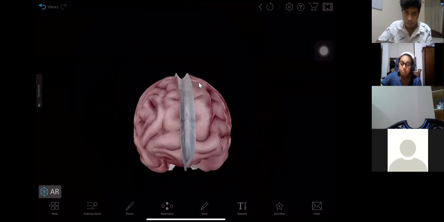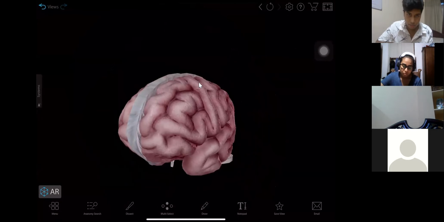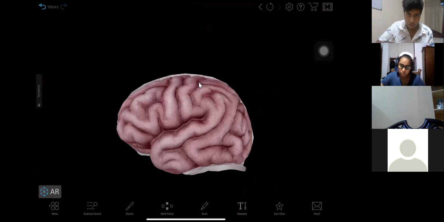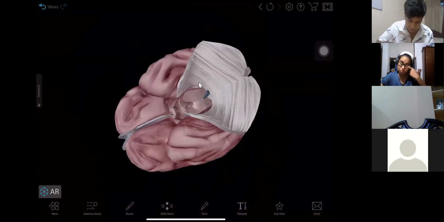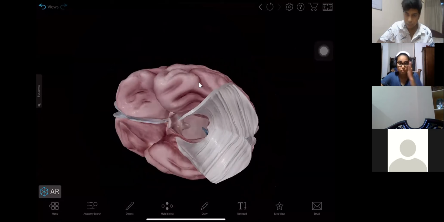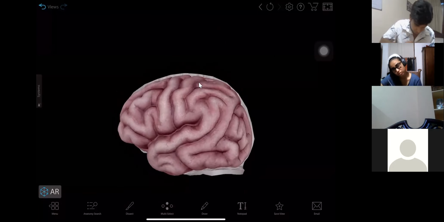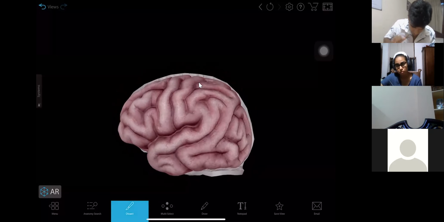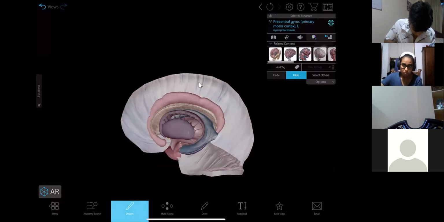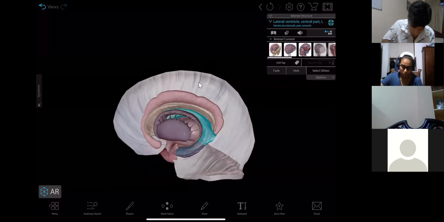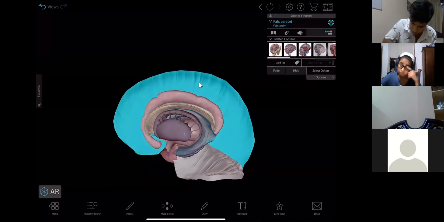It's white fibrous; it's dura mater, so it's obviously a fibrous structure. And from the bottom, you can see the tentorium cerebelli. Now I'm going to dissect these. You can see the falx going from here.